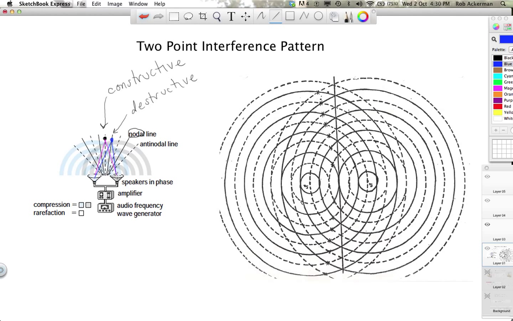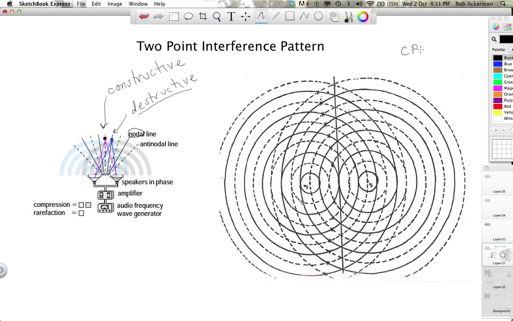This point is closer to this speaker and farther from that speaker, which means the waves have traveled different distances, which means they are in a different phase. In fact, they are in opposite phase, so they interfere destructively. That's what those lines were that were spreading out in the video.